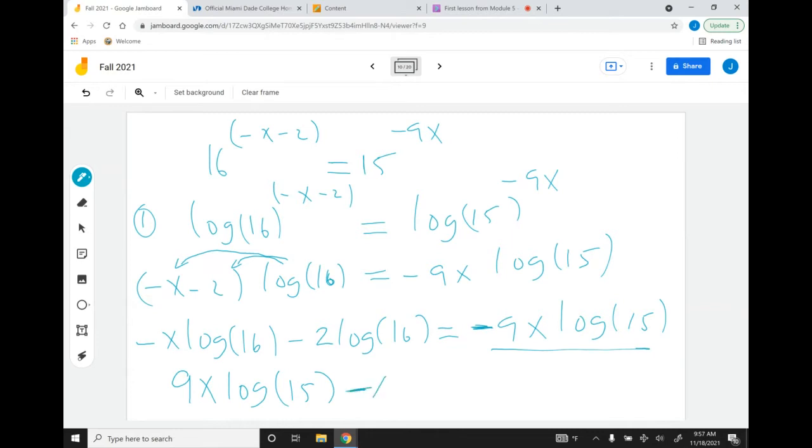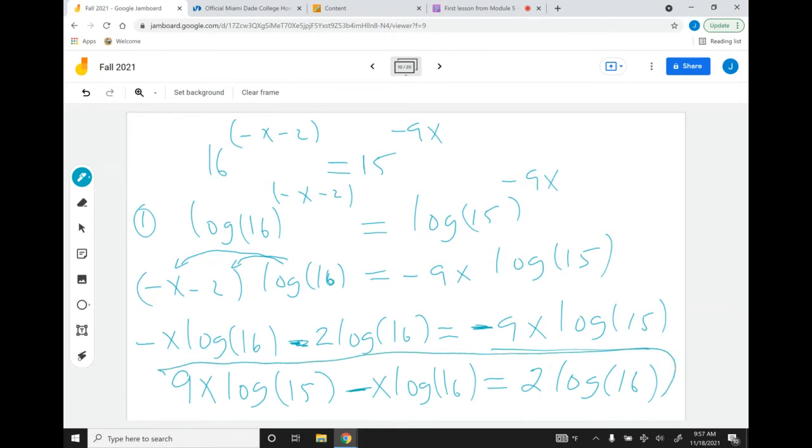Minus x log of 16. And guys, this term, negative 2 log of 16, doesn't contain an x. It's a constant, therefore I'm going to move it to the right side. Don't forget to change the signs. So now I'm going to take this to the other frame so that we can solve for x.